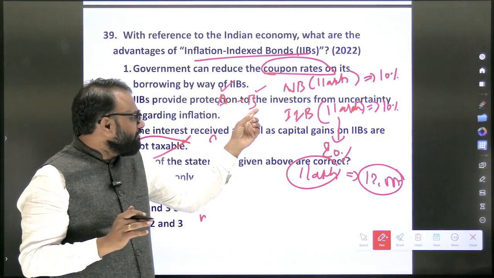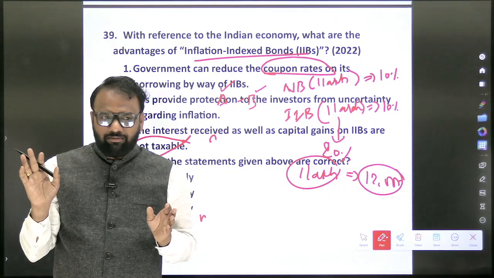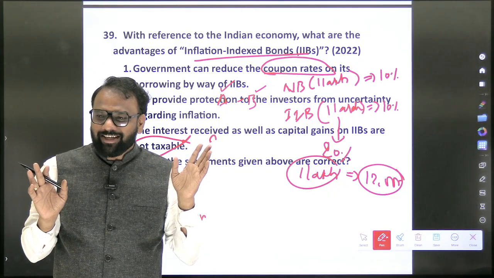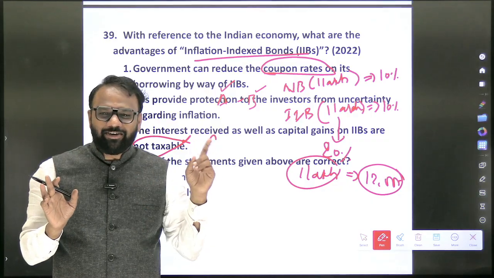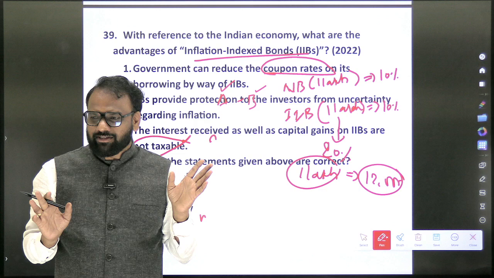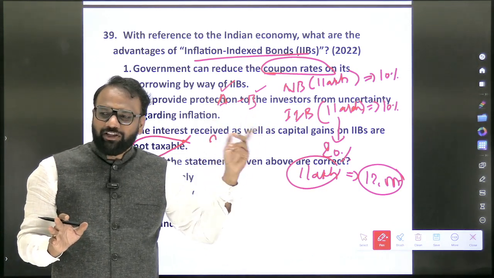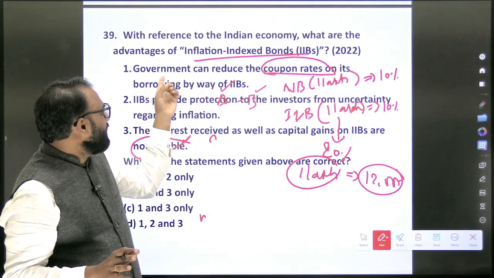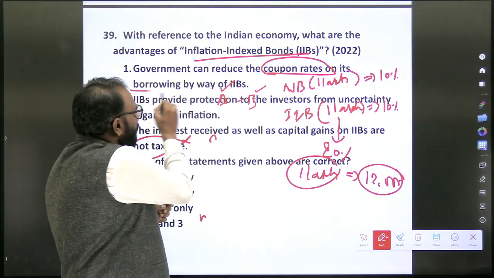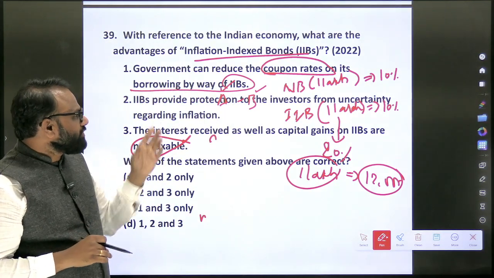So A will say, I will give you inflation indexed bonds, but the rate of interest will be less. Then the purchaser has to say yes, otherwise he should go with normal bonds. So that's why government can reduce the coupon rates, the interest rate on borrowing, by way of inflation indexed bonds. So first one is correct.